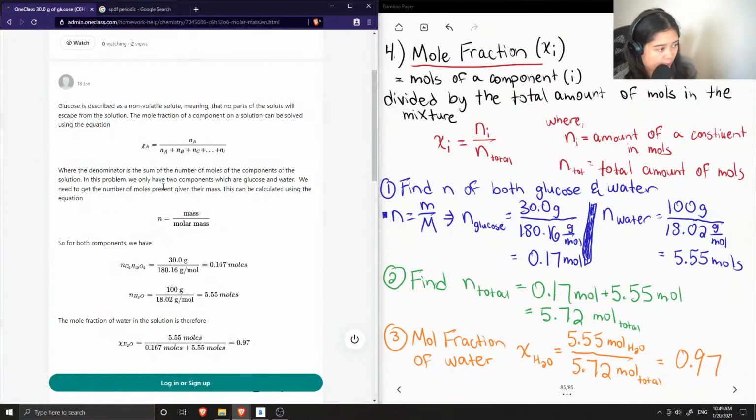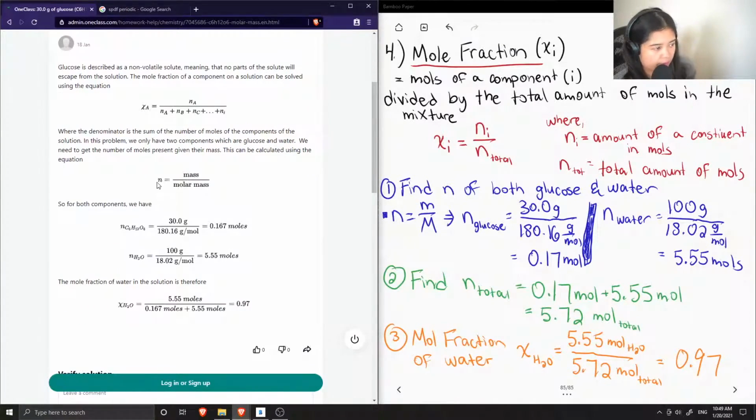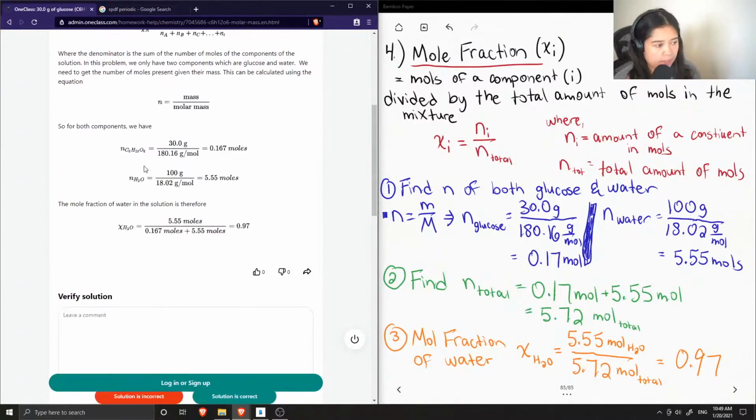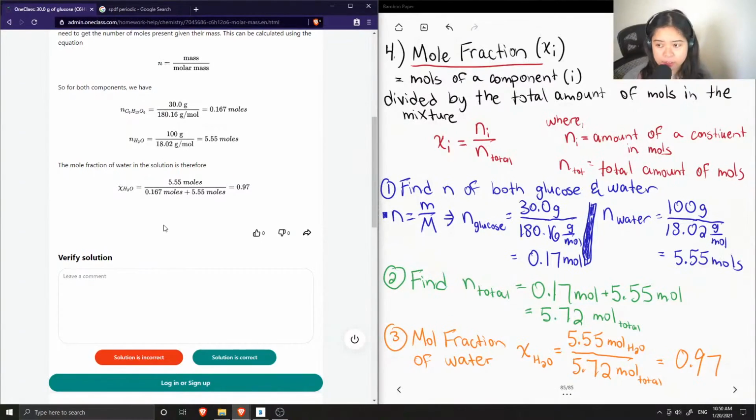We need to get the number of moles present given their mass. This can be calculated using the equation: number of moles is equal to mass over molar mass. So they have both of the moles of the two components, and then they calculated the mole fraction of water and also got 0.97. So the solution is correct.